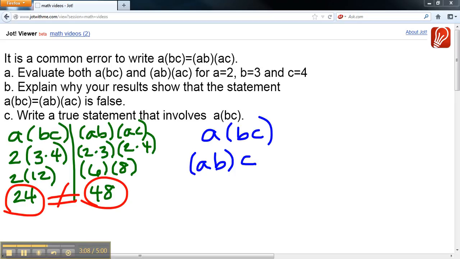And that is the associative law of multiplication. So we end up with A times (B times C) in parentheses equals (A times B) in parentheses times C.